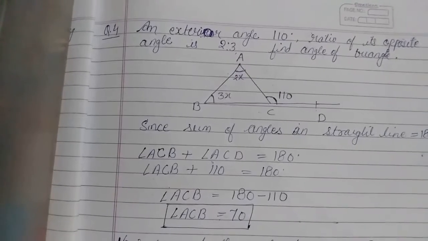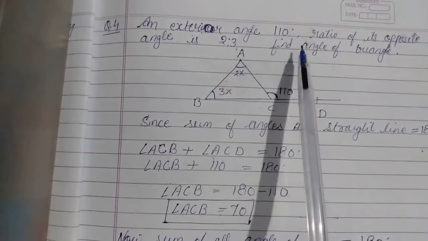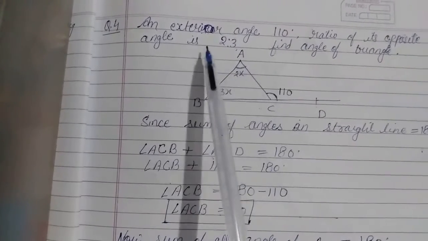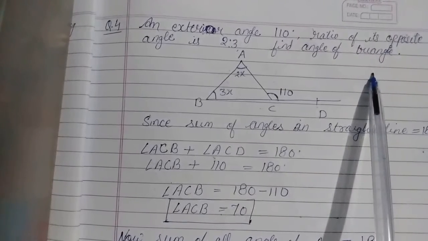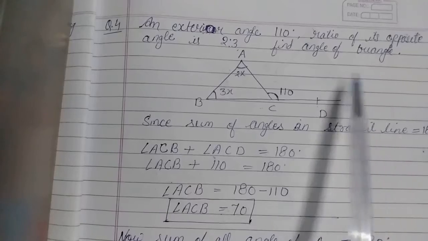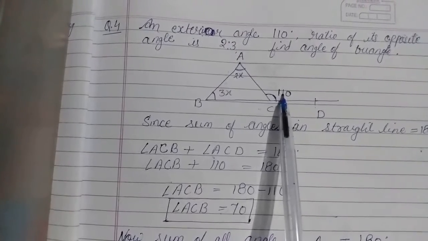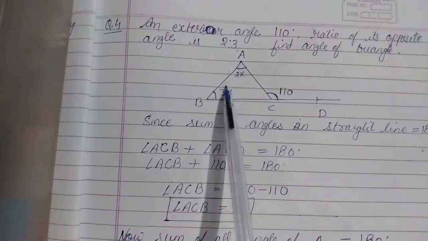Next question is 4. It is given that an exterior angle is 110 degrees. The ratio of its opposite angles is 2:3. Find the angles of the triangle. Okay. That means we are given this angle 110 and its opposite angles are in the ratio 2:3.